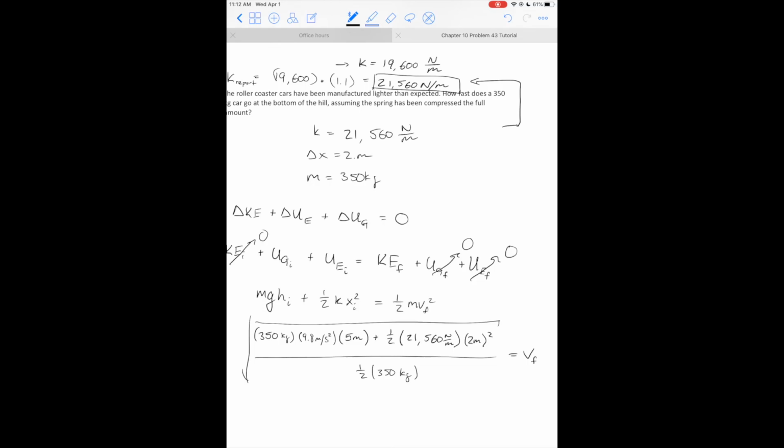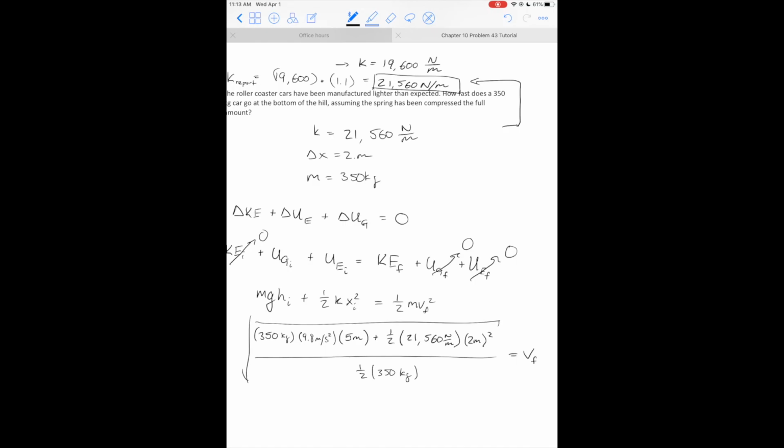So if we do that, square root, I need a parenthesis there, 350 times 9.8 times 5 plus 0.5 times 21,560 times 2 times 2, divided by 0.5 times 350.